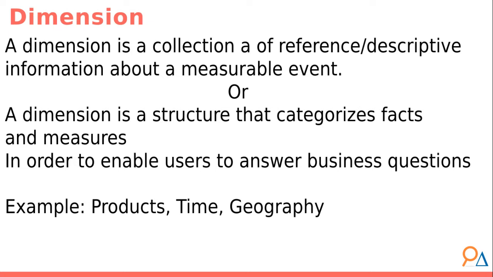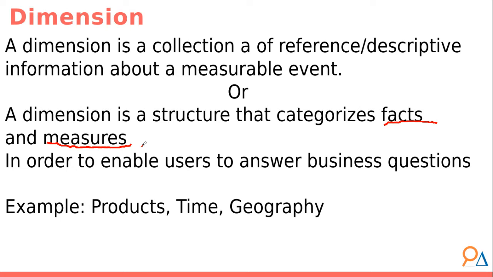We say dimension is a structure that categorizes, keep this in mind, categorizes what here? That categorizes facts and measures. It categorizes facts and measures. So the aim of dimension is to enable the user to answer the business question.